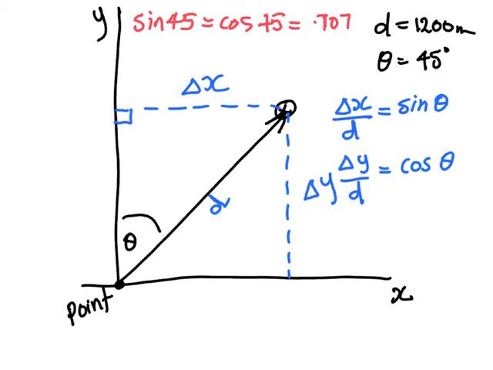So we can see from these two formulas, delta x equals d sine 45, delta y equals d cosine 45.